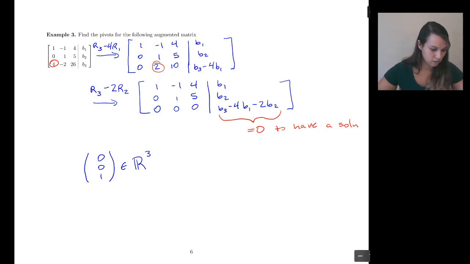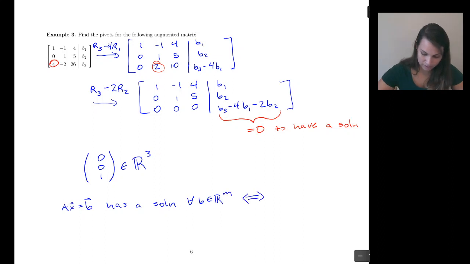So that means AX equals B has a solution for all the B's in RM is the same thing as A has a pivot in every row.